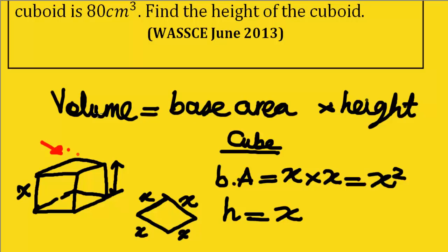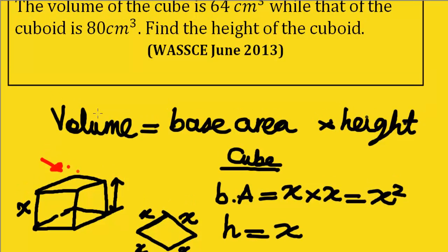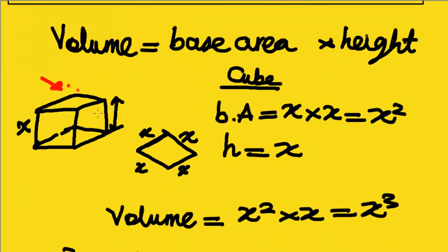Now, I've been told the volumes of the cube and cuboid, and I wrote the equation down for the volume as the base area times the height. I didn't know the length of any edge of the square or any side of the cube. So I said, okay, let the edges be x, because I know the edges have the same length.